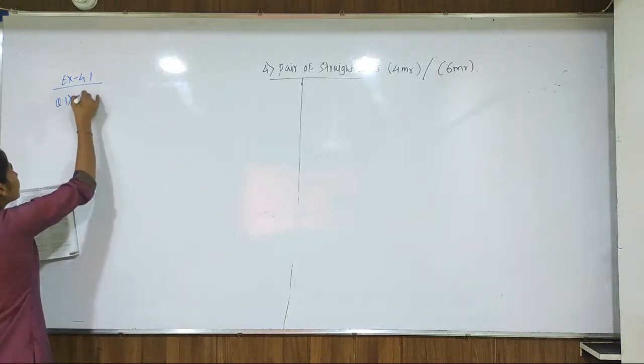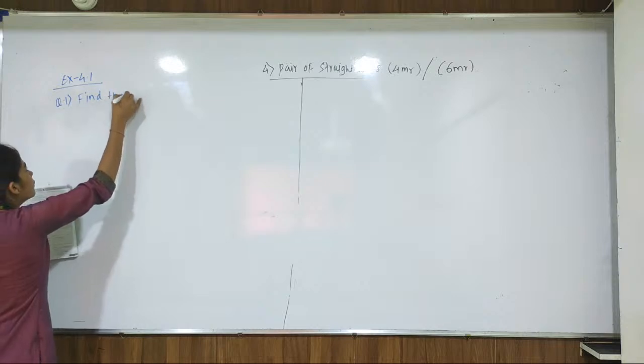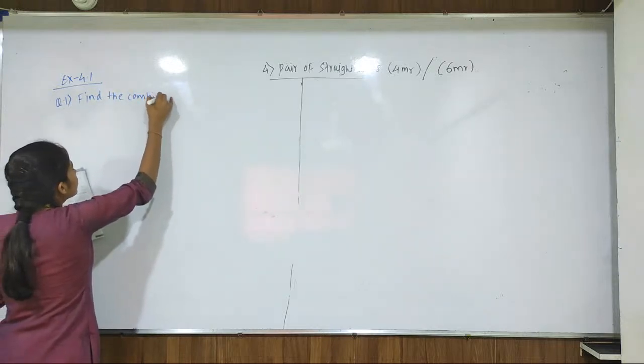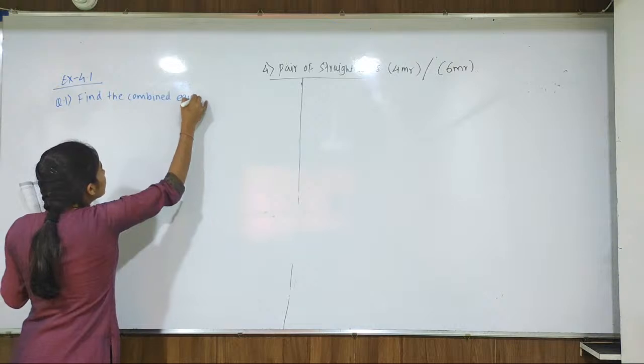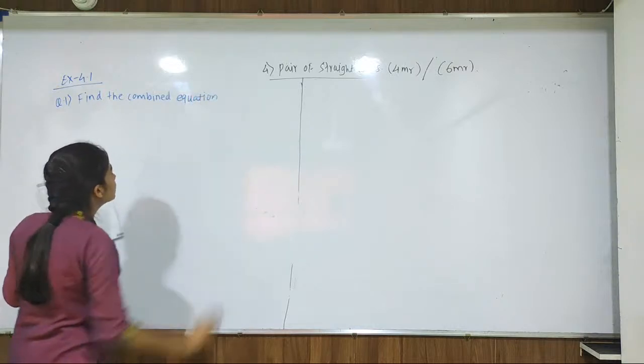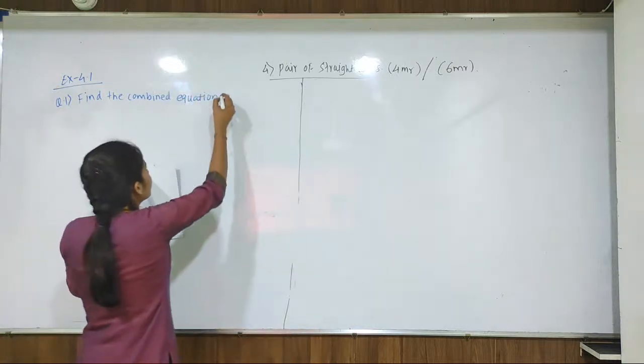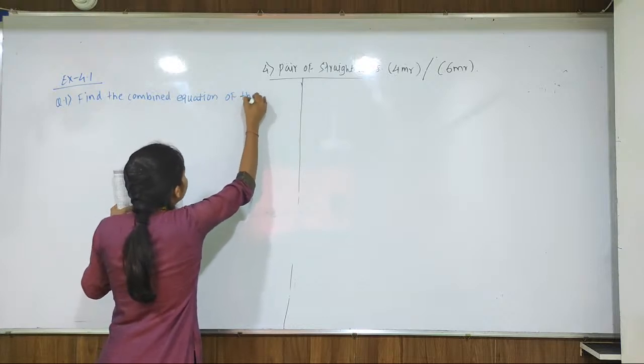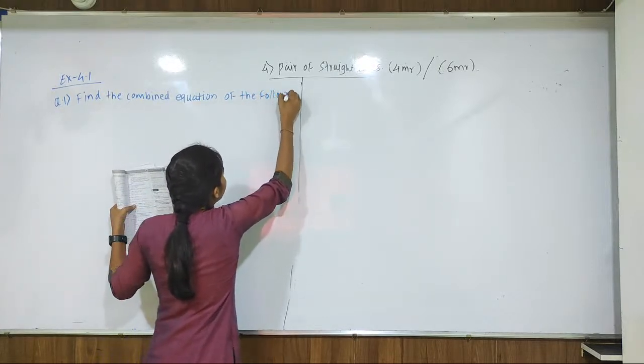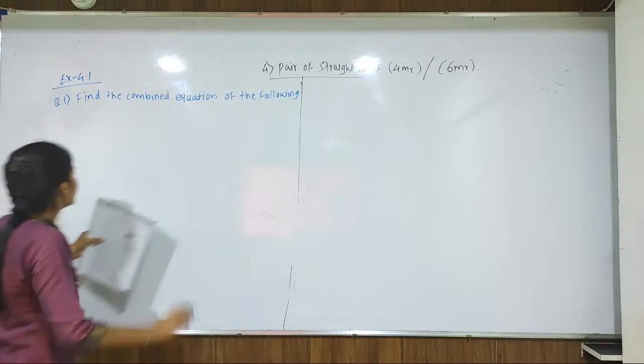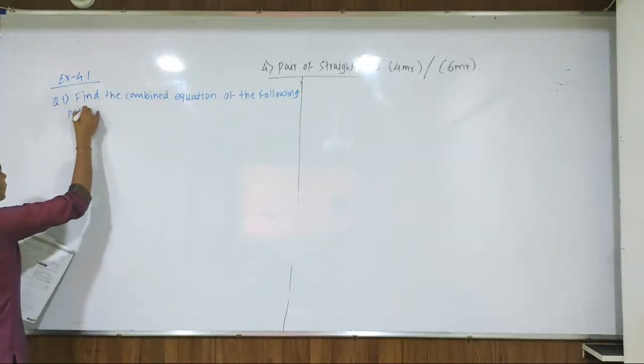Find the combined equation of the following pair of lines.